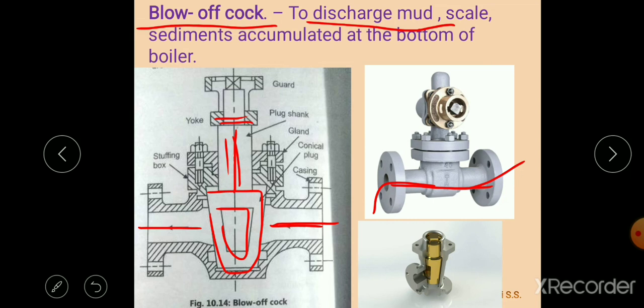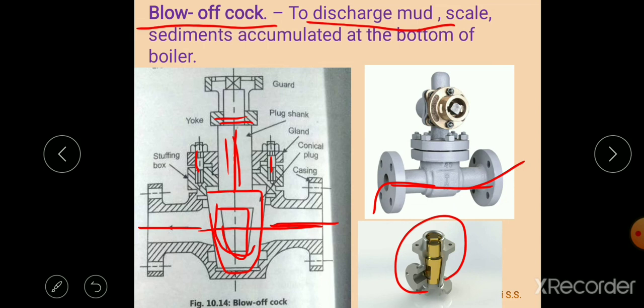Here we can see the working photograph of this blow off plug. It is a conical plug with a hollow at the center. Water will flow through this, and when the solid part is in the direction of the water, flow will be stopped. A stuffing box is provided that keeps the valve in its position.